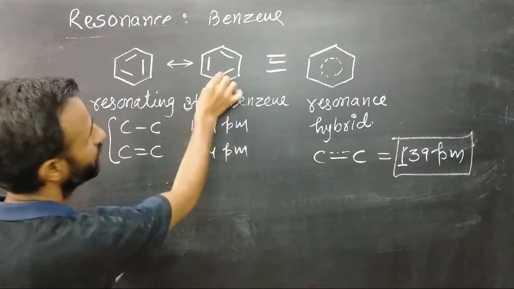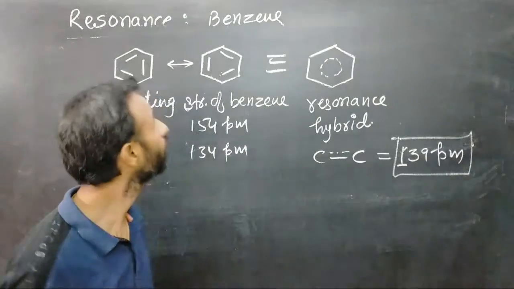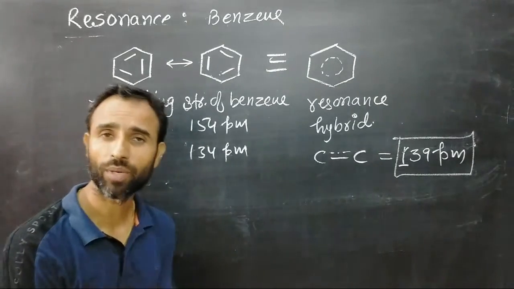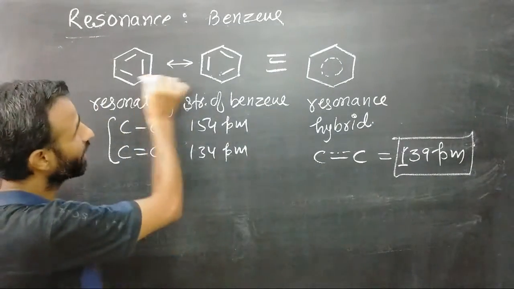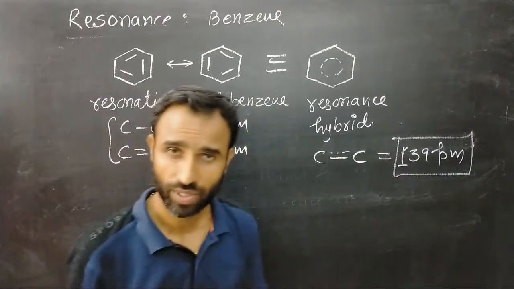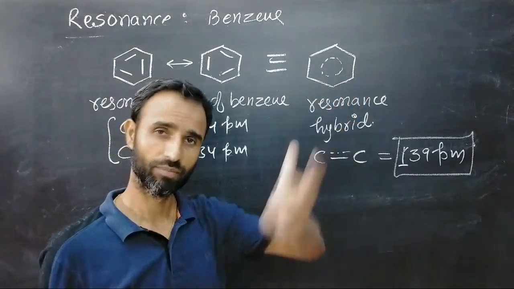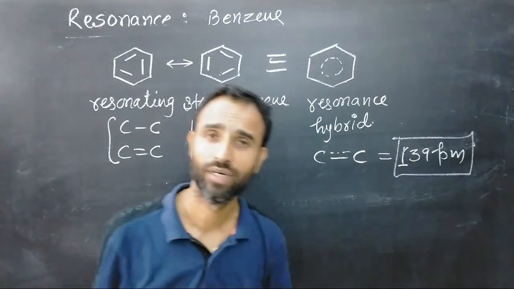So none of these structures of benzene can explain all the properties of benzene. Means they are not the actual structure of benzene. The actual structure of benzene is this one, and that is called resonance hybrid.